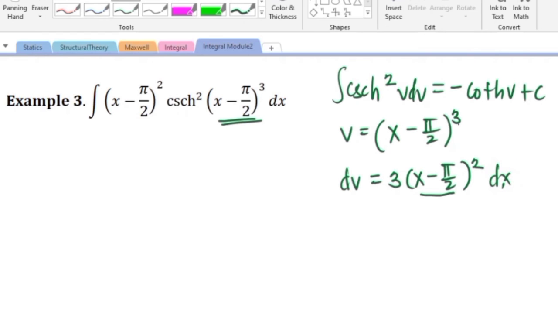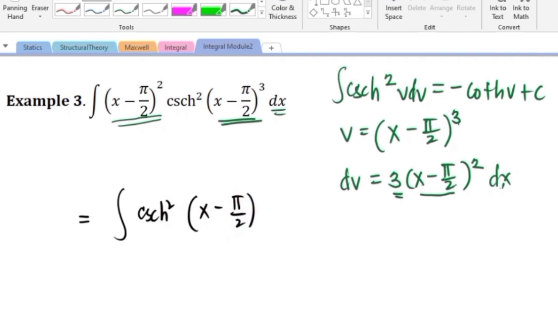Remember that pi over 2 here is constant, so derivative of x is dx. Okay, so nakikita na natin dito yung x minus pi over 2 square and the dx, yung 3 na lang yung kulang natin. So mukhang mahirap lang yung mukha, pero madali lang siya, no? So tricky lang talaga yung mukha niya.